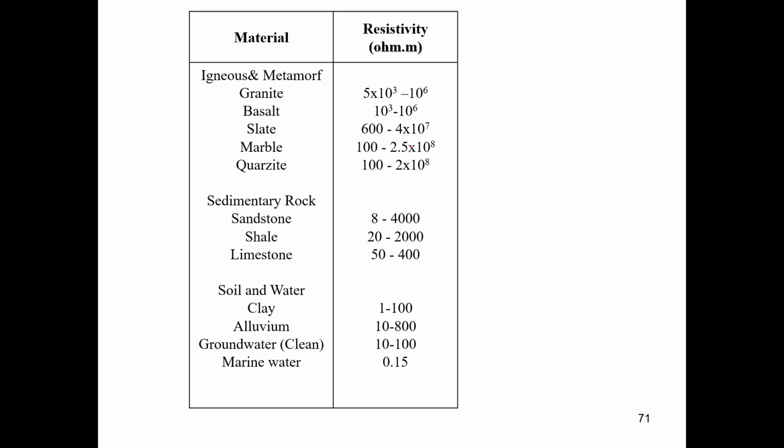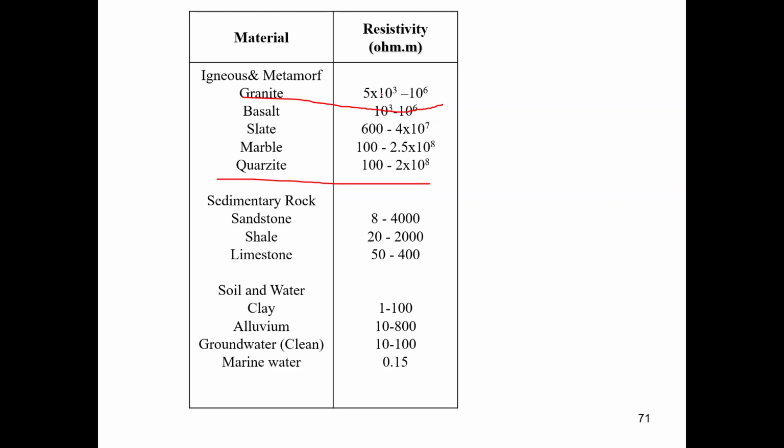If you have a solid material, for example granite here, it can reach up to 5,000 ohm meter to 1 million. For example, quartzite between 100 to 2 million, 20 million. So why is the range very huge here?